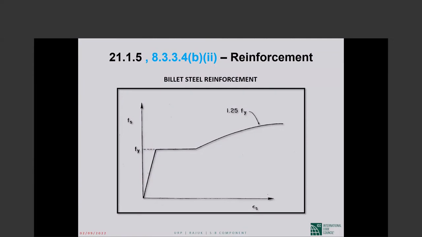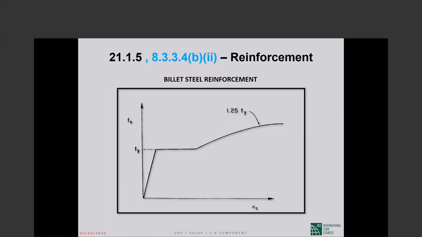So the measured tensile strength shall not be any lower than 125% of the actual yield strength. This is in order for the reinforcement to have inelastic deformation capacity. We are looking for significant capacity for the reinforcement to yield without losing strength.